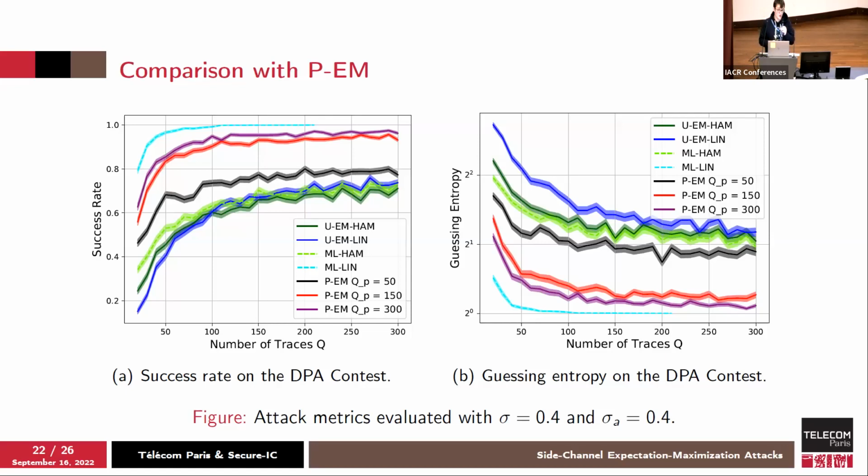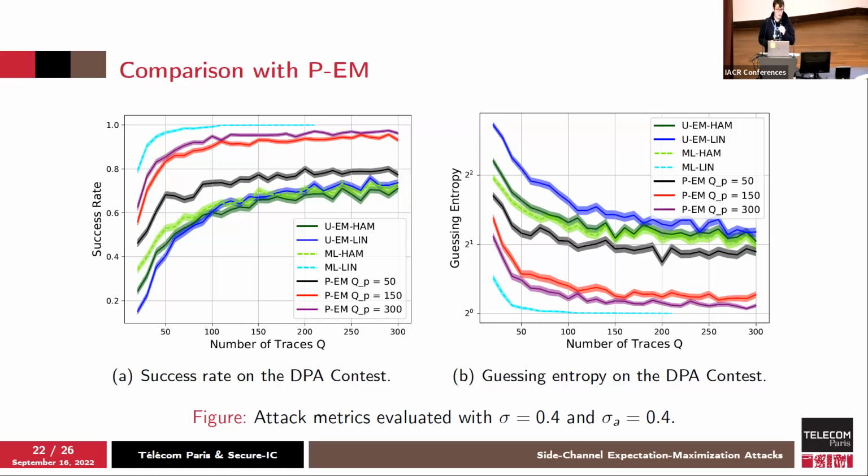And you see that it outperforms the UEM. So if you can do the profiled EM, do the profiled EM, it's better. And as you increase the number of QP, it rapidly increases towards the maximum likelihood. And it generalizes better. It does not suffer from this kind of overfitting effect that we face.